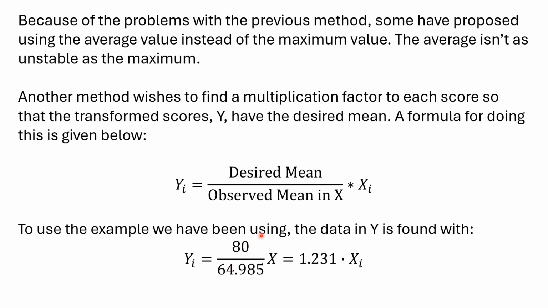So we have 80 divided by about 65, and then you multiply it by the original score. If you calculate this ratio, it winds up being 1.231. So you take that number and multiply by each xi. And what happens when you do that? We'll see that in the next slide.